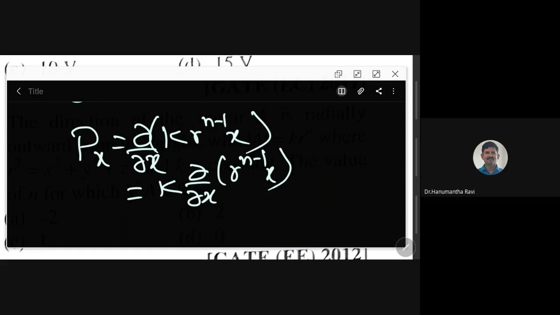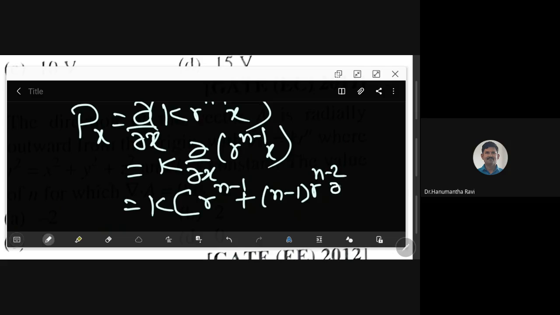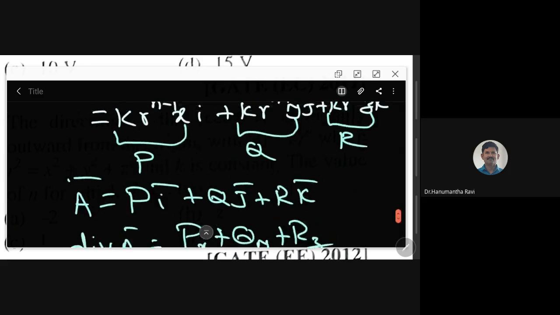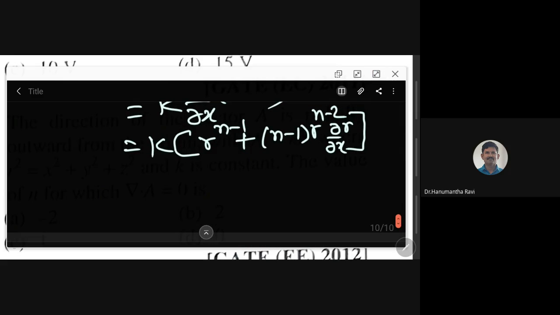I apply the UV rule here. We get k into [r power n minus 1 plus n minus 1 into r power n minus 2 into dou r by dou x, times x]. That is important. What is dou r by dou x? We have already calculated it: it is x by r.